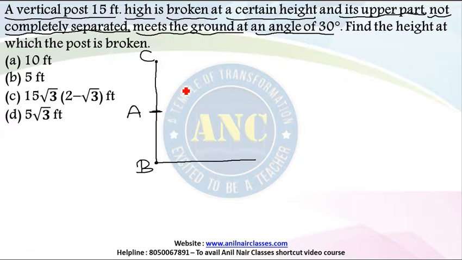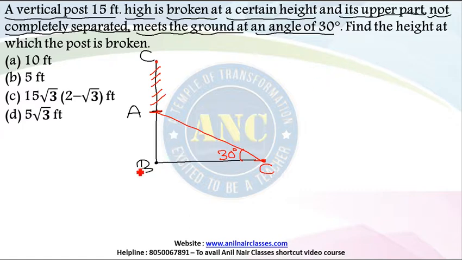Now, that upper part which is not completely separated from the vertical post will come off like that, and it will come like this, and it will meet the ground at an angle of 30 degrees. The same AC, whatever I have written in the upper part, will come like this and meet the ground at an angle of 30 degrees.